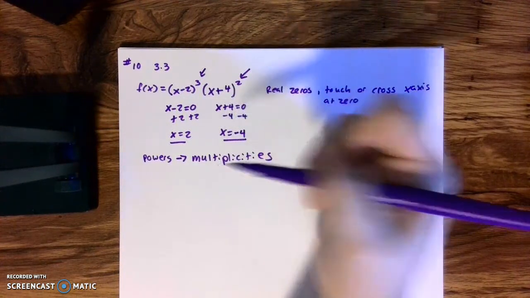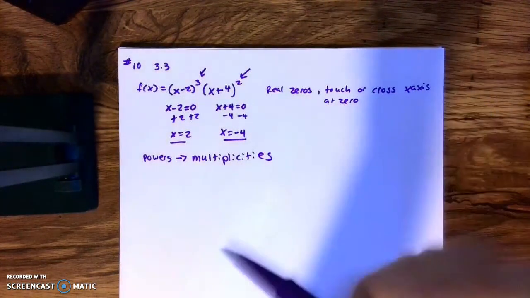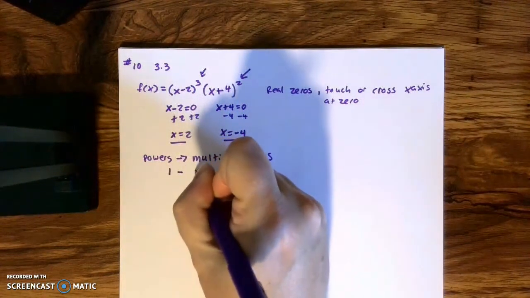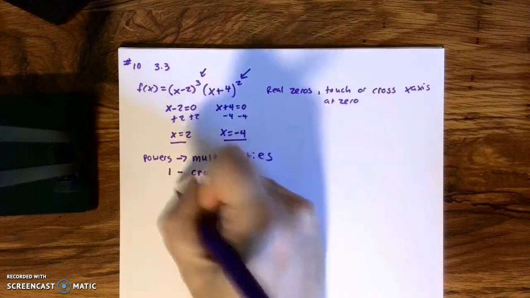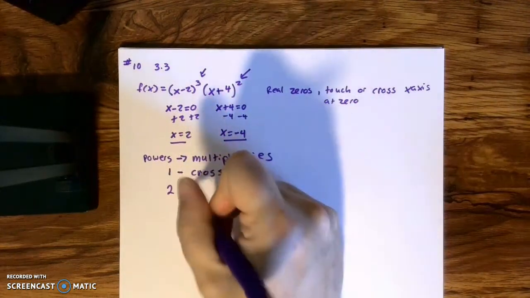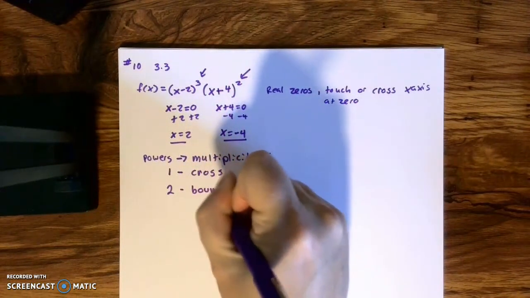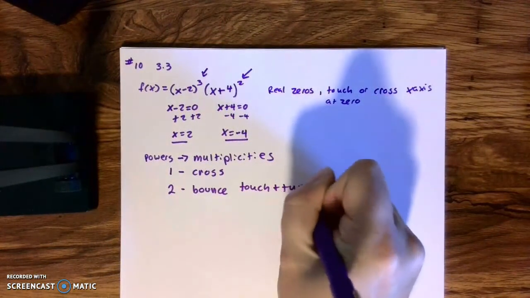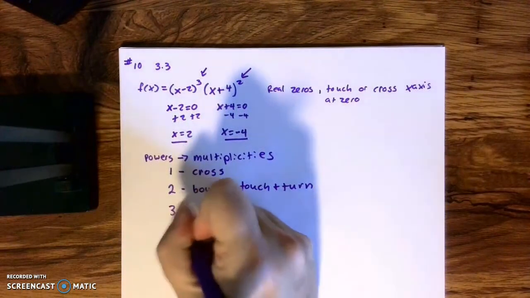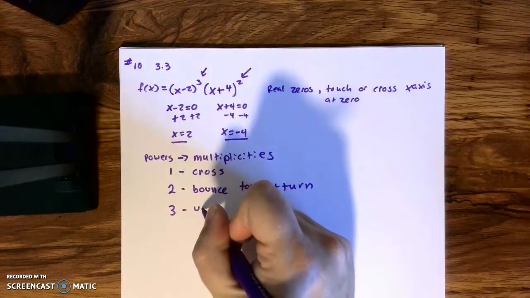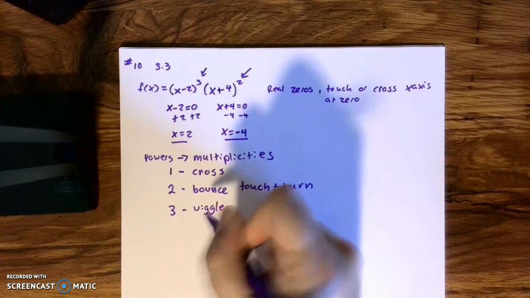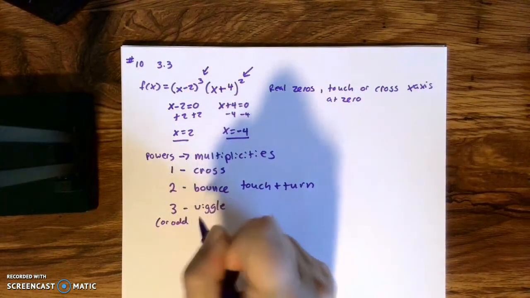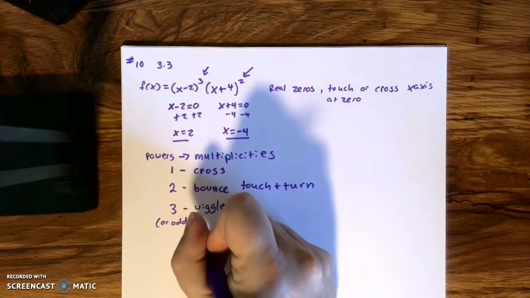All right, so our multiplicity here, if we have a multiplicity of 1, it's going to cross. Multiplicity of 2, I think of it as a bounce. It's going to touch and turn. 3, I think this is a wiggle. 3 or odd greater than 1.